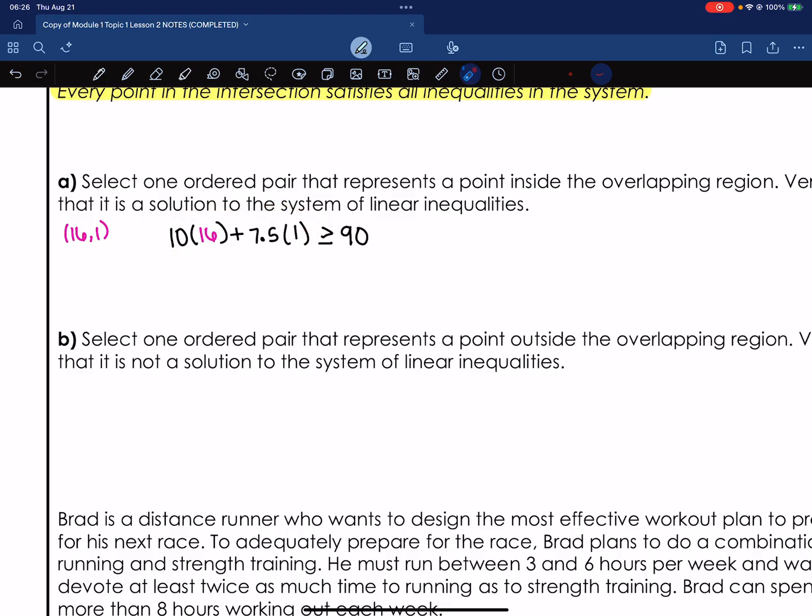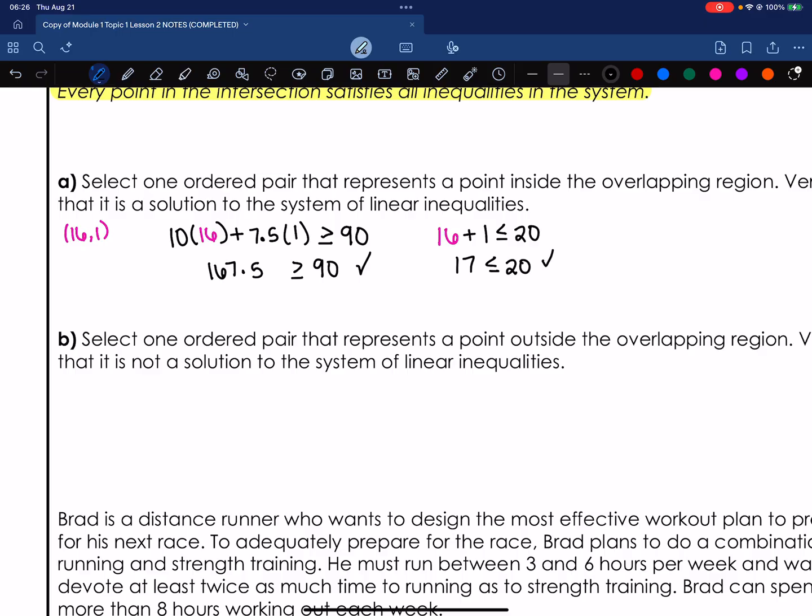So 10 times 16 plus 7.5 times 1, and that would give us 167.5, and that is greater than or equal to 90, so that works out. So then you check your second equation. That would be 16 plus 1 is less than or equal to 20. That is 17 is less than or equal to 20, and that works out.